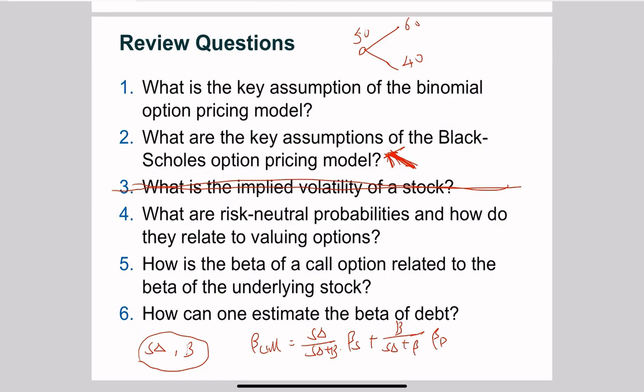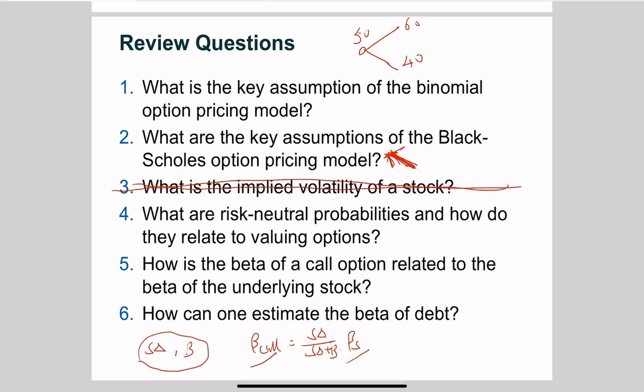However, in the replicating portfolio, we assume we're only dealing with the risk-free rate, right? We're only dealing with a risk-free bond. So the beta D here should be just 0. And then you can see that this is how the beta of call and beta of the underlying stock are related.